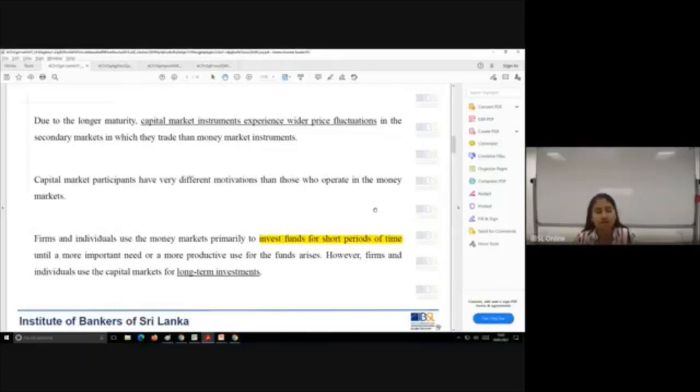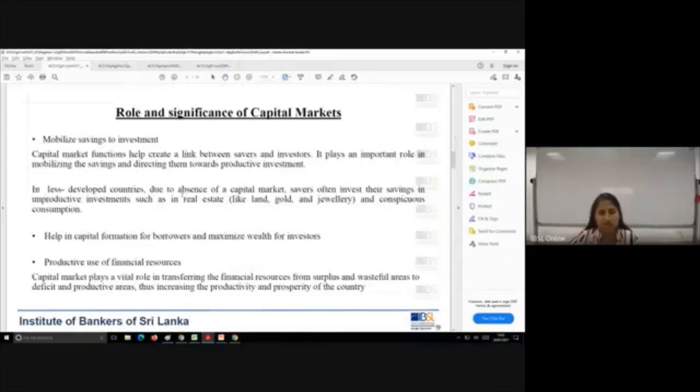For firms and individuals, here it is wealth maximization, but it's not a shorter time. You're now coming here for longer investments. Your investment horizon is going to be for a longer period, not just a short-term parking of funds. Okay, so that's why it differs significantly.